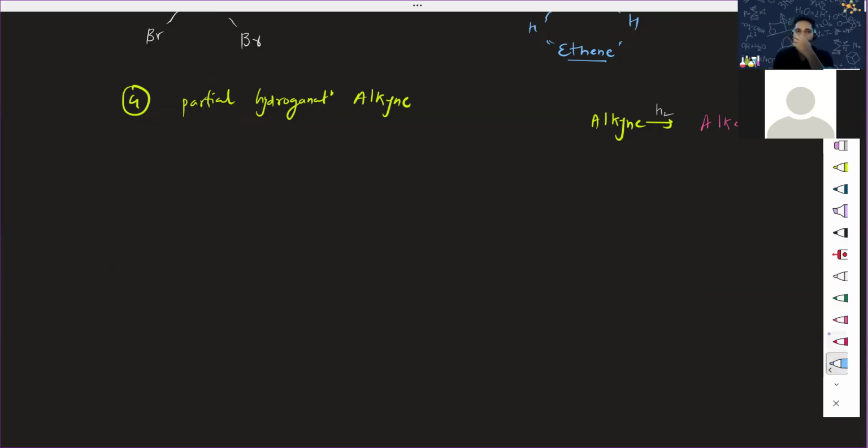What is that? Let's understand. So we have a triple bond. This is called ethyne. Now we need hydrogen gas, obviously in the presence of Lindlar's catalyst. Hydrogen is a gas, right?